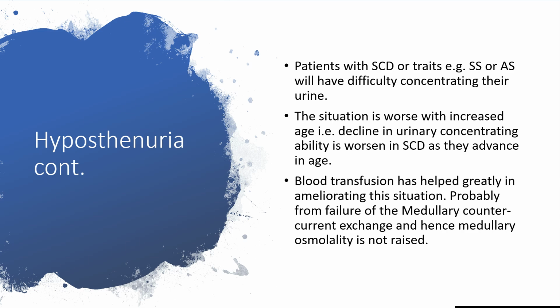The situation is worse with increased age, which means the decline in urinary concentrating ability will get worse as an individual diagnosed with sickle cell disease or AS advances in age.